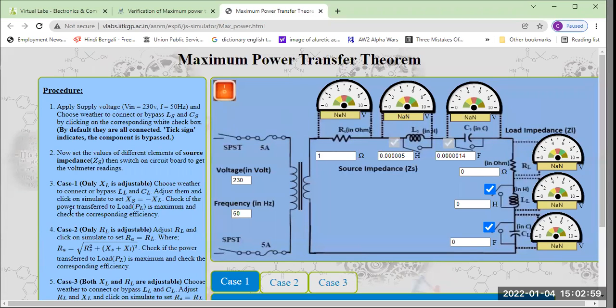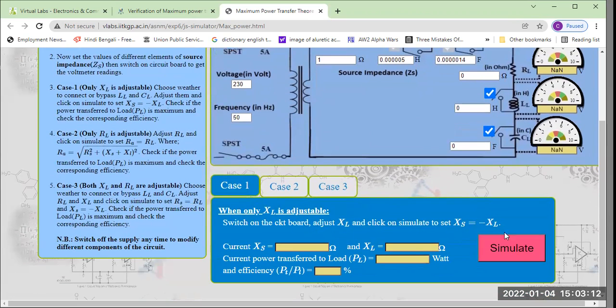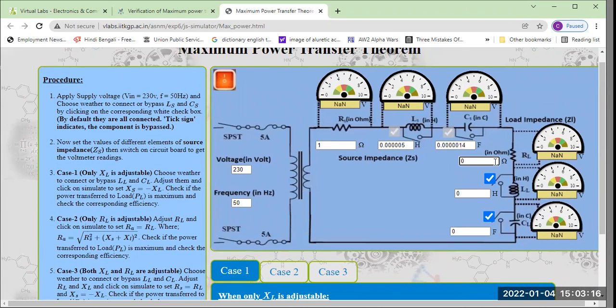So check if the power transfer to the load PL is maximum, then check the corresponding efficiency. Okay. So this is case 1. Just simulate. We have right.